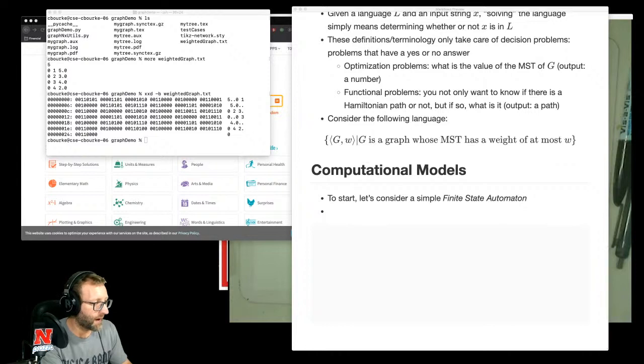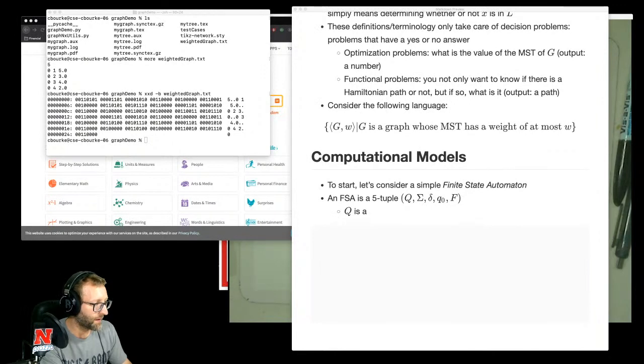So a finite state automaton is a 5-tuple. Here's the rigorous mathematical definition: Q, sigma, delta, Q naught, and F. Each one of these has an explanation. Q is a set of finite states.